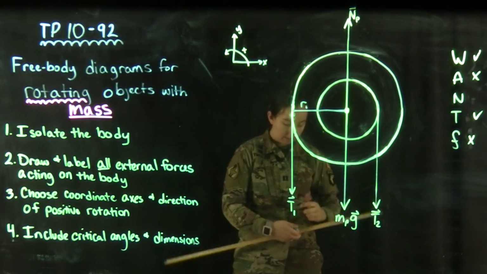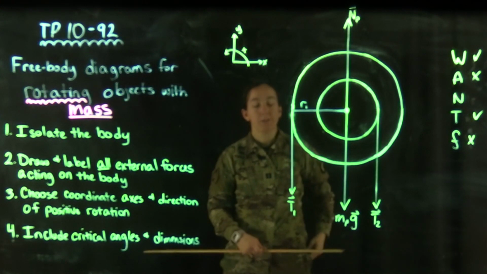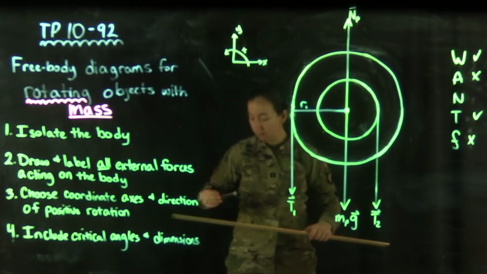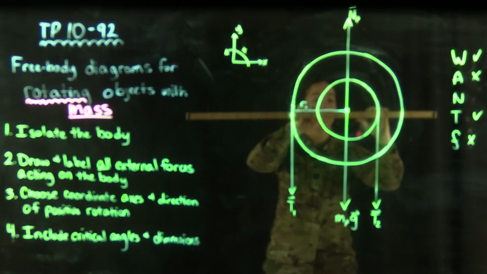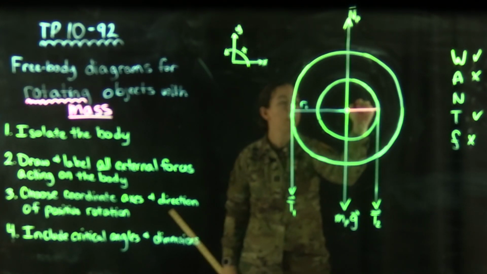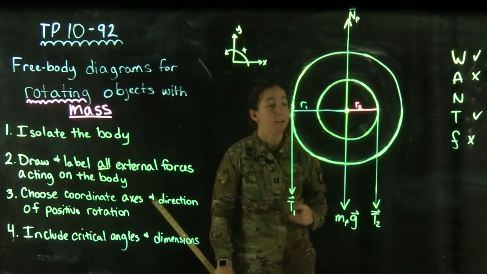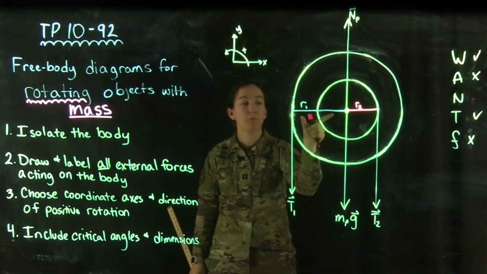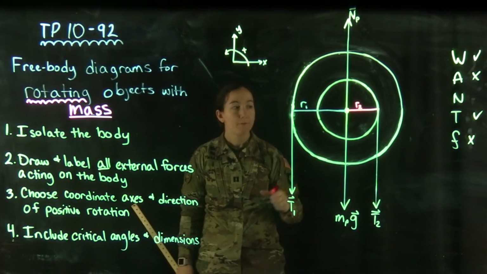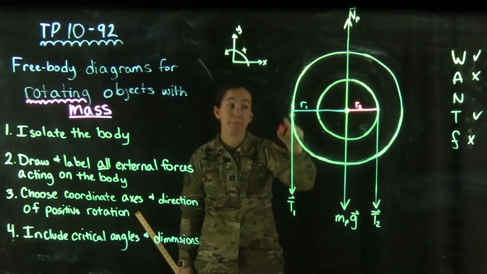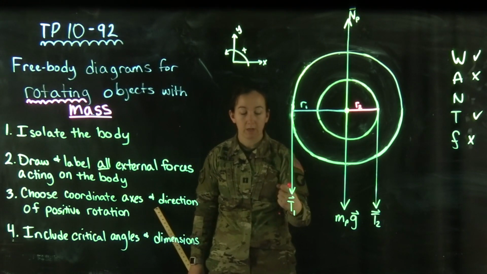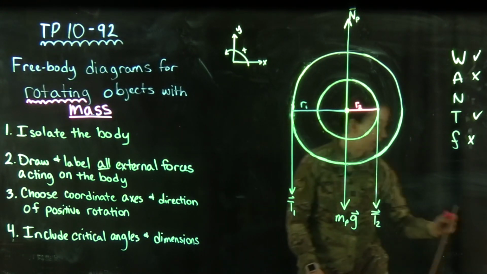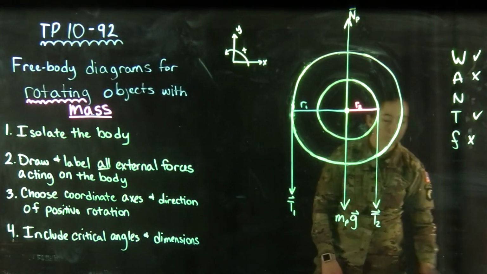Then I'm going to use a different color and go from the axes of rotation to the point of application of T2, and I'm going to label it R sub 2. Now I have clearly labeled 2 critical dimensions from the axes of rotation to the point of application of that force. And those 2 dimensions are critical for determining the torque from tension 1 and the torque from tension 2.